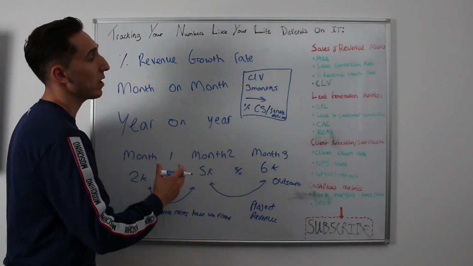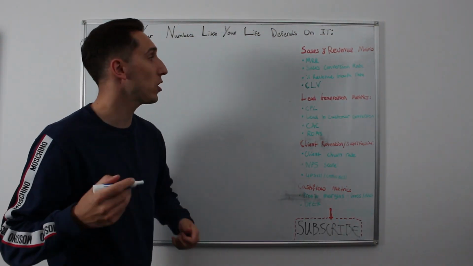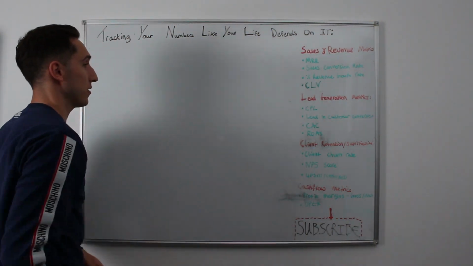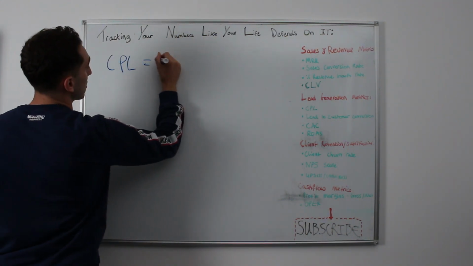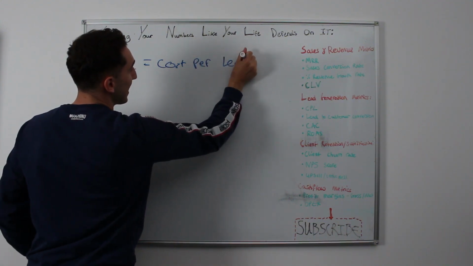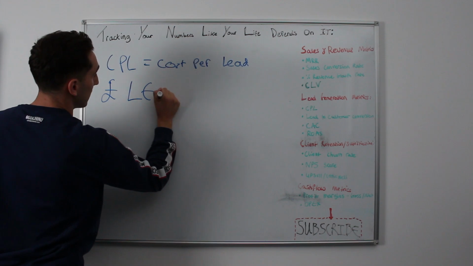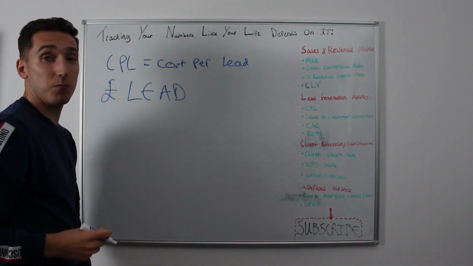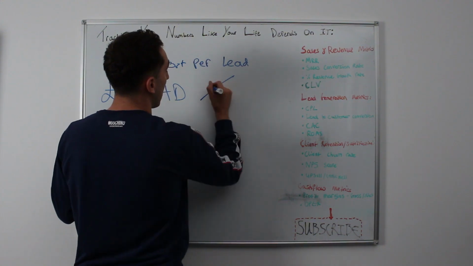So then we're going to move on to lead generation metrics. So guys, when we're looking at lead generation metrics, it's important to understand CPL, which is cost per lead. How much is it costing me per lead? If we can work this out, then we can work out how much we can invest in our business to scale it upwards.